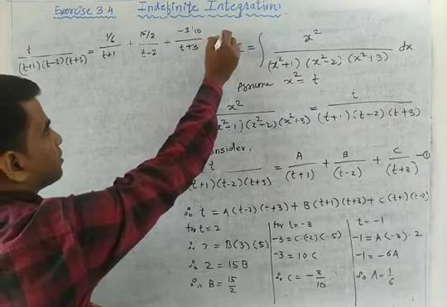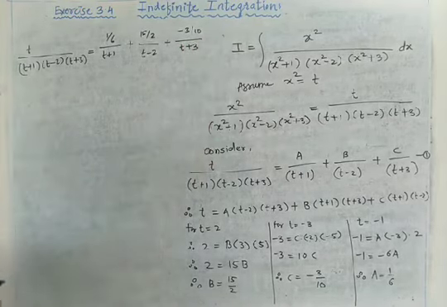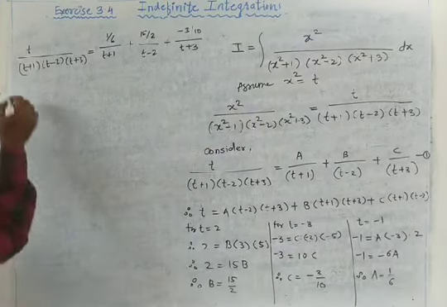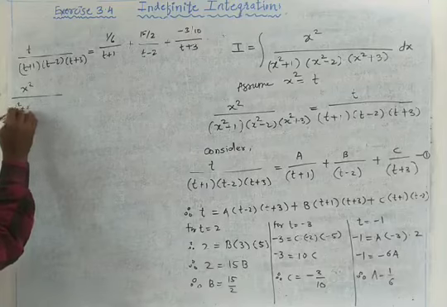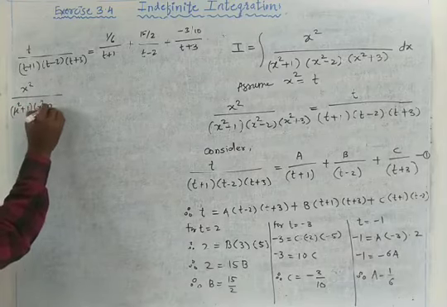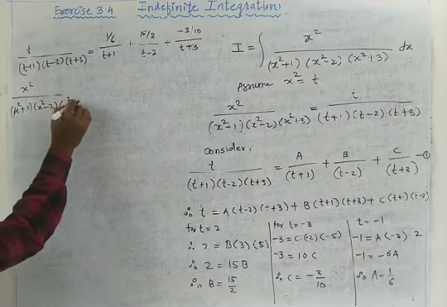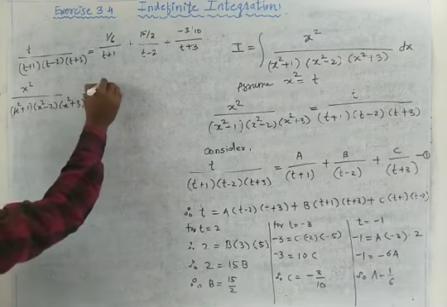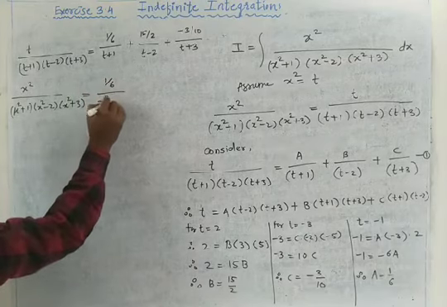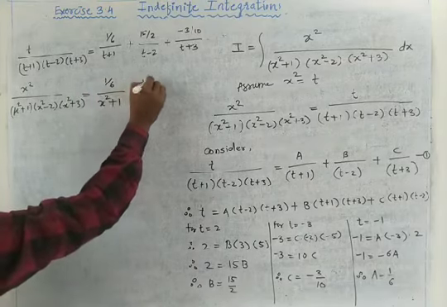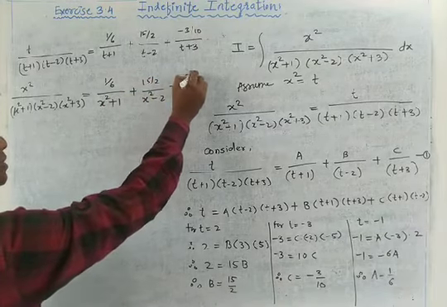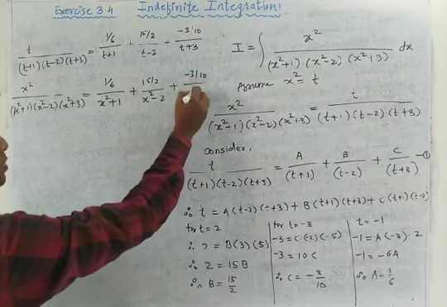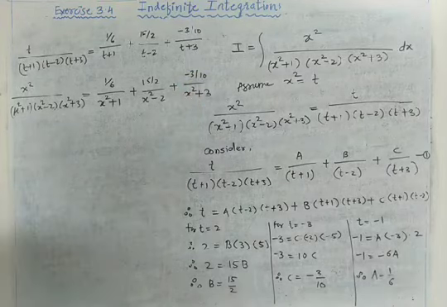This is our equation. But originally the value of t is x square, so we get x square upon x square plus 1, x square minus 2, x square plus 3 is equal to 1 by 6 upon x square plus 1, 15 by 2 upon x square minus 2, and minus 3 by 10 upon x square plus 3.